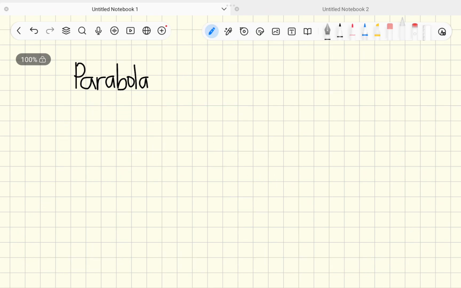So let's sum up. Your parabola could either be facing up or down, so there are two possible general equations.